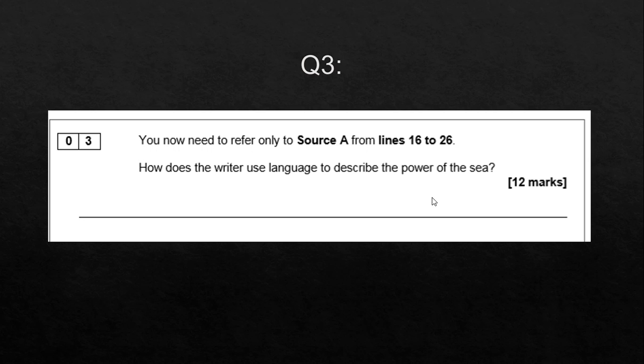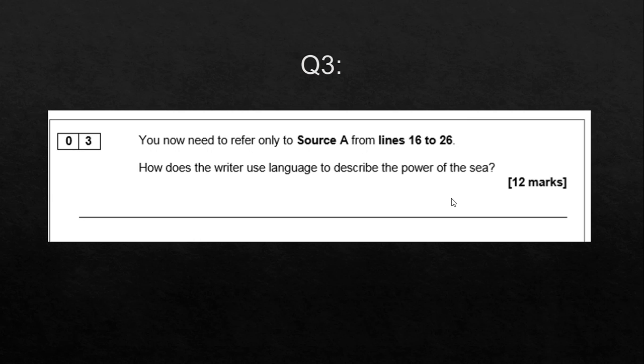So one of the clearest pitfalls was that students were either not looking at this section of the text, or they were not focusing on this part and they were just trying to pick out any language features they could find. And yes, there were a range of language features used in this text, things like similes and personification.